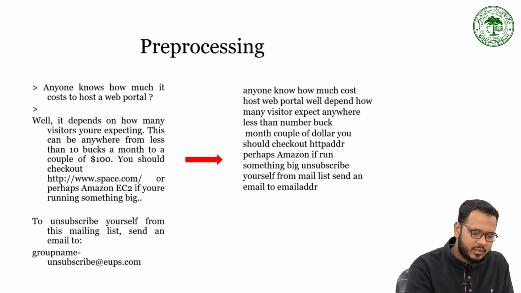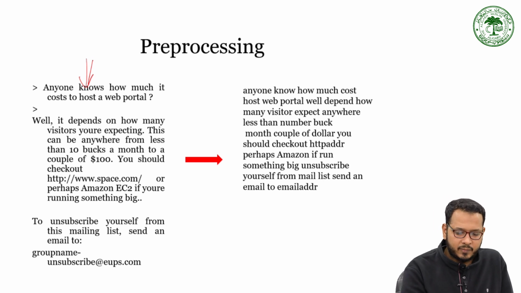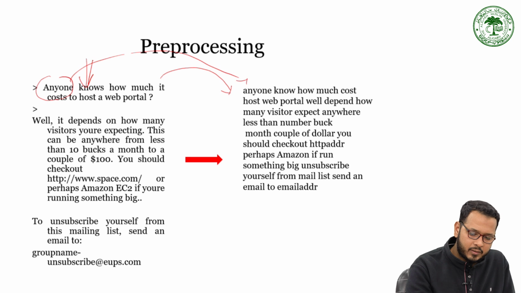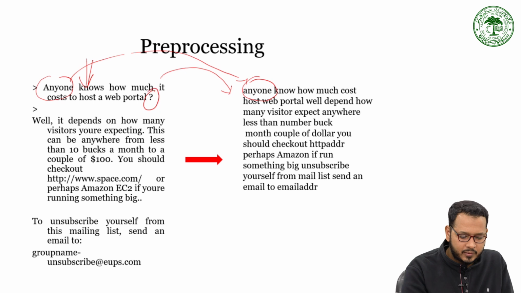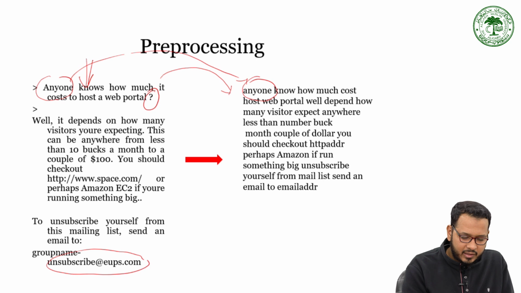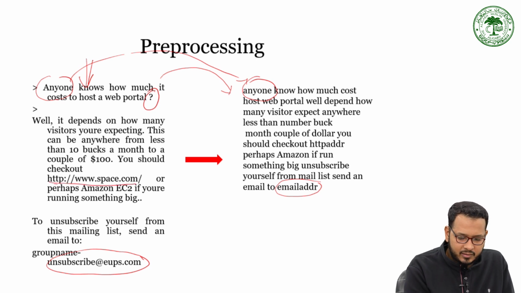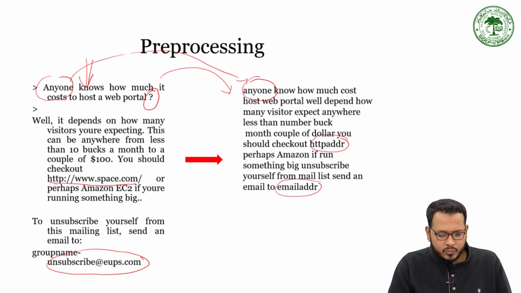So maybe if you take this email as our input, maybe it will be converted into a pre-processed text like this, where every word is a lowercase word. First of all, as you can see here, there are no extra characters. If you can see here, the email addresses have been replaced with just email addr representing the email addresses. Some URL is replaced with HTTP address to represent it is simply a URL.